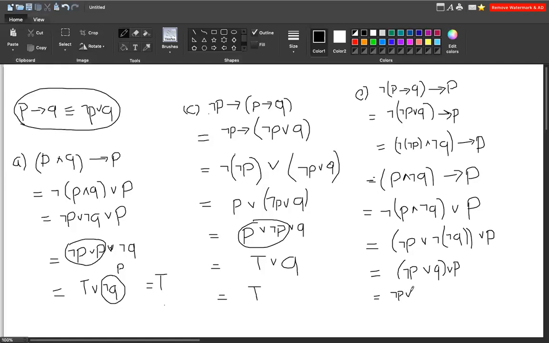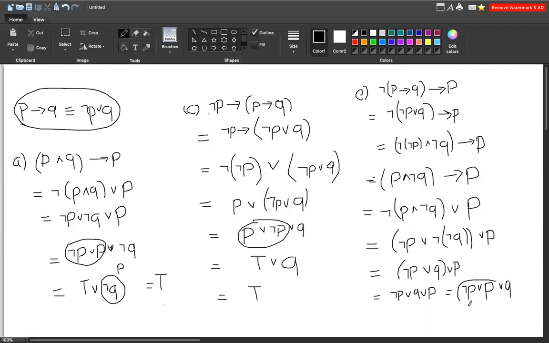Negation of P or Q or P. Let's reorder them. Negation of P or P or Q.